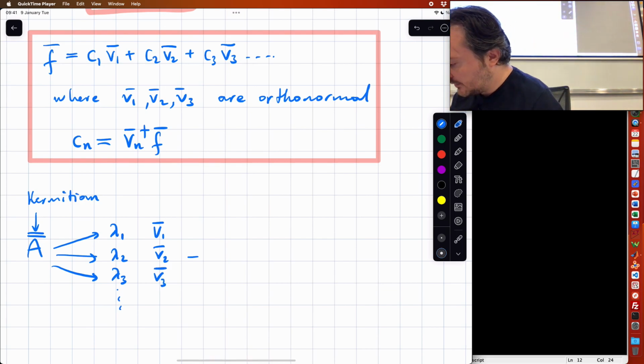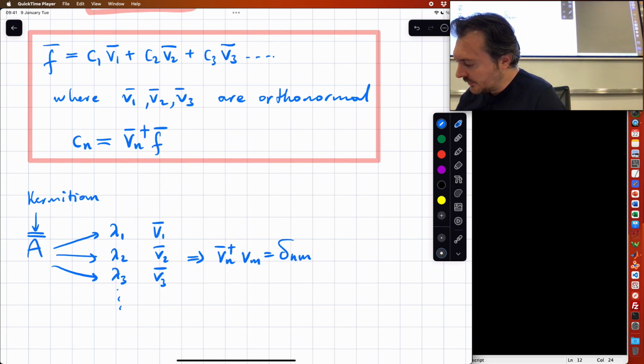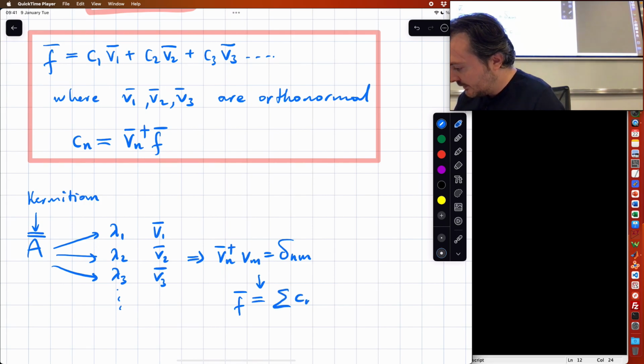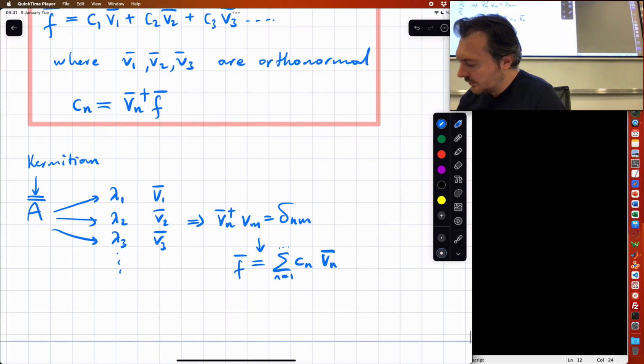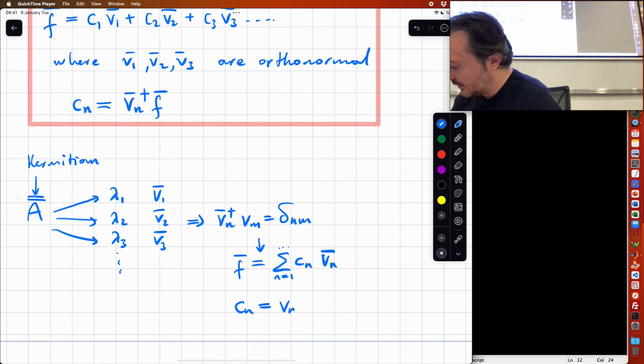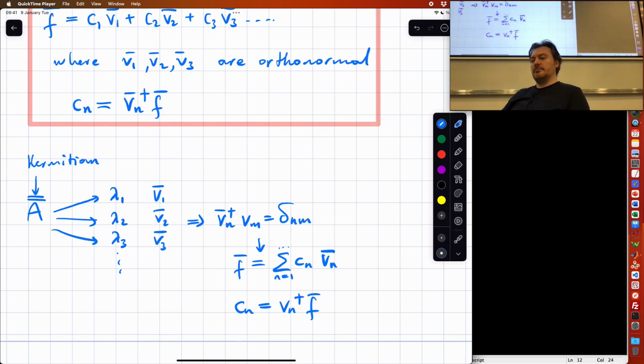Once we normalized them, we have this property, and because of that property, we can write F as the summation of Cn Vn, n going from 1 to whatever it is, where Cn is Vn dagger F. Okay?